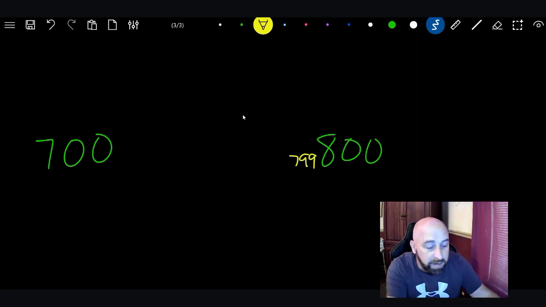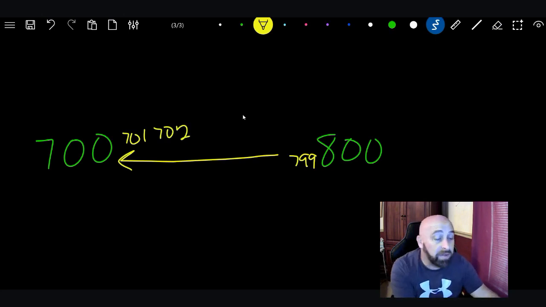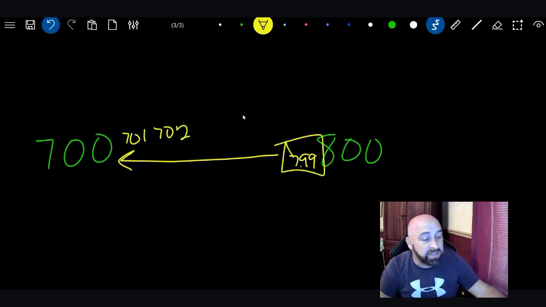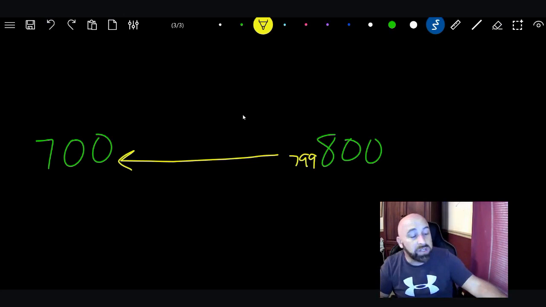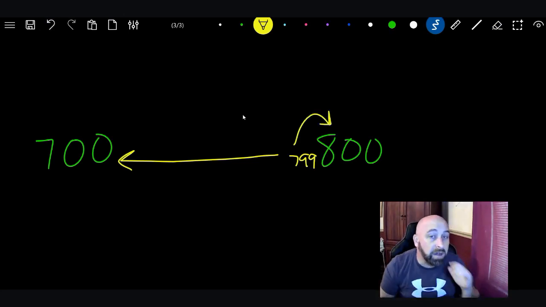It's very close to 800. There's lots of numbers before we go to 700: 701, 702, 703. We have lots of numbers before we get to 799. So, which one does 799 round off to? It rounds off to 800. It doesn't round off to 700.